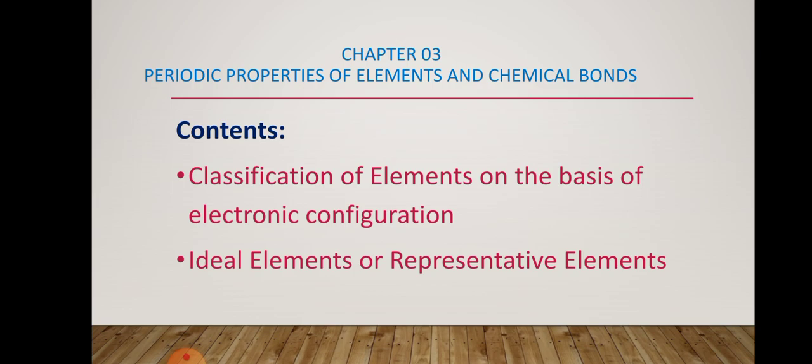This chapter is very important for your exam. You will get two creative questions in your board exam from this chapter. Moreover, this chapter discusses fundamental topics which will help you later on to understand other chapters.